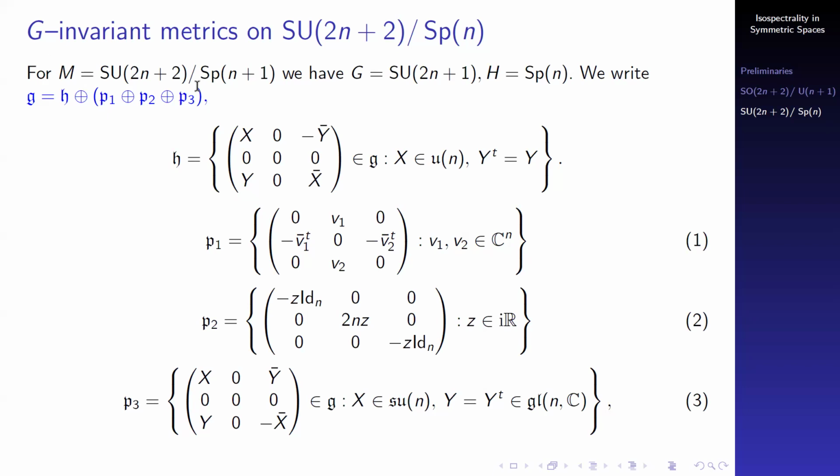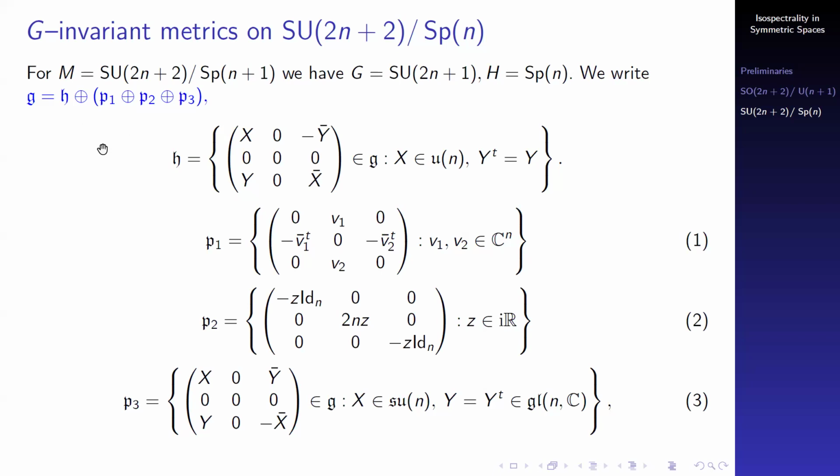And remember that in the theorem, we say that we have G as the group which acts transitively, to be SU(2m+2), and the isotropy group was Sp(m). So we take this and we write, again, we need to decompose, to give this decomposition of g as h plus an h complement.